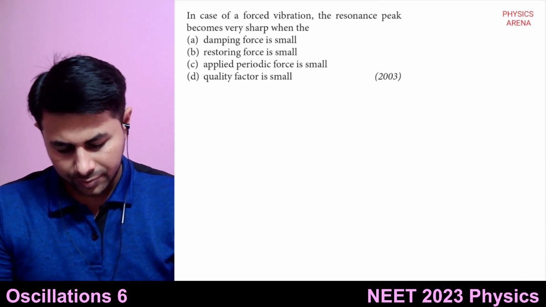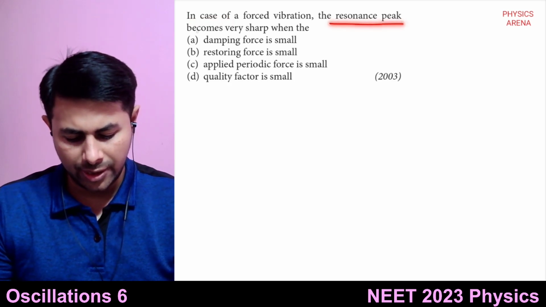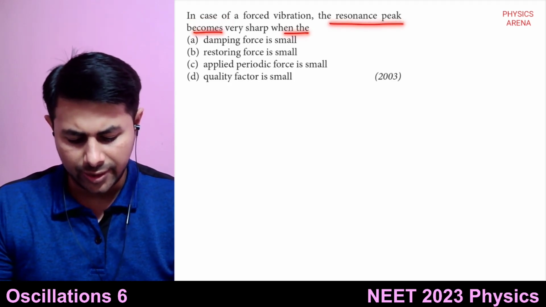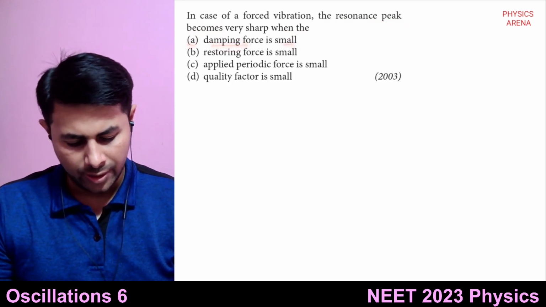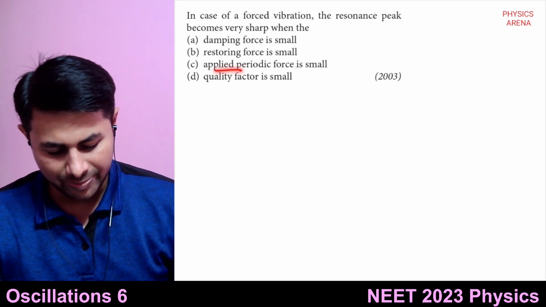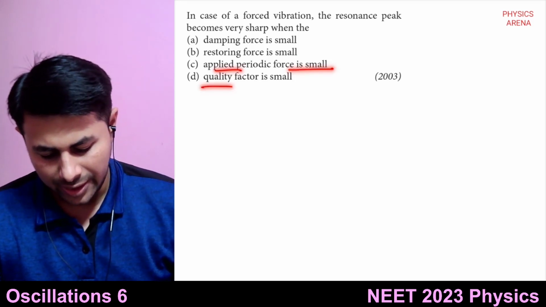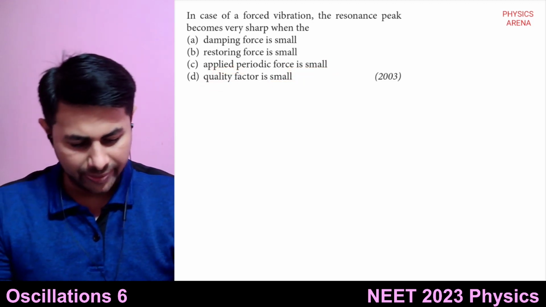Next question. In case of a forced vibration, the resonance peak becomes very sharp when: option A, damping force is very small; damping force is small, restoring force is small, applied periodic force is small, and quality factor is small. Okay, what is quality factor?